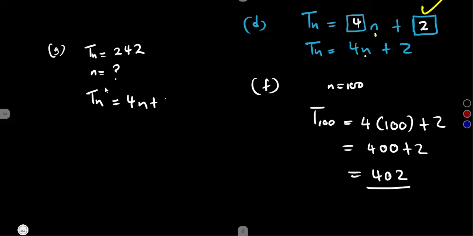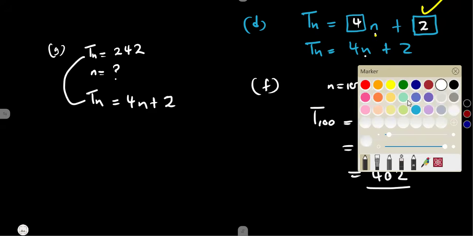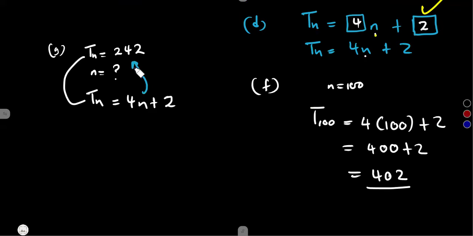This is Tn, this is Tn, so these two must be equal. You are forming an equation. So we are going to have 4n plus 2 equal to 242.